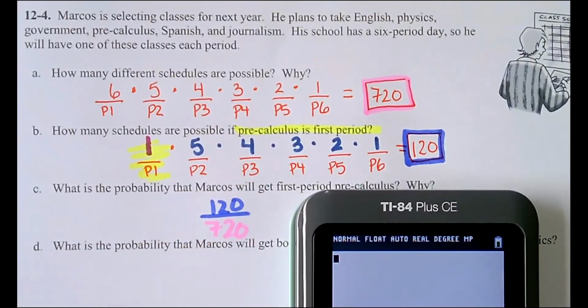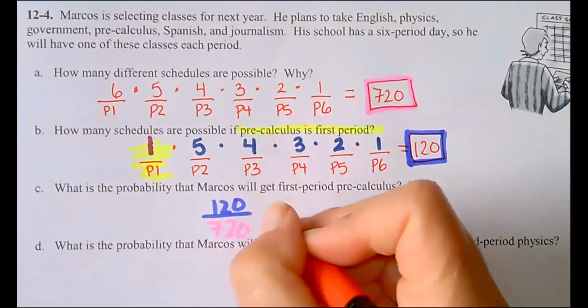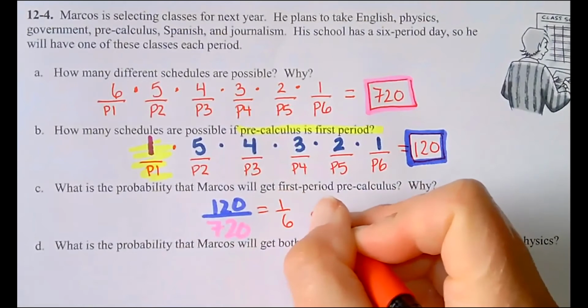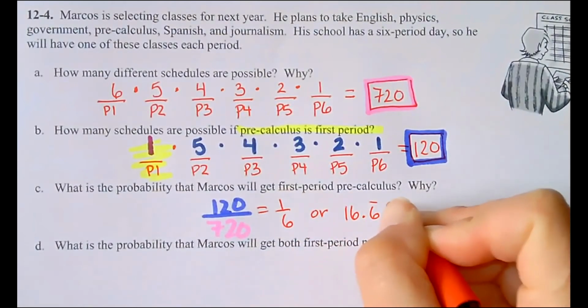And we're going to work that out. 120 over 720 ends up being 1/6, or as a decimal, it's 0.16 repeating, so 16.6%. So then it ends up being 1/6 or 16.6%.